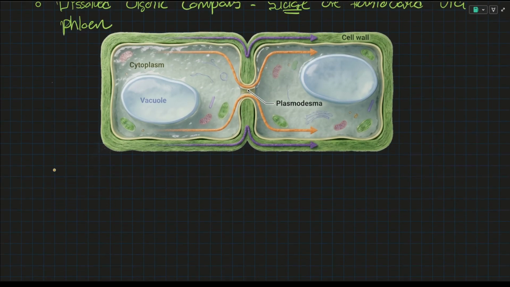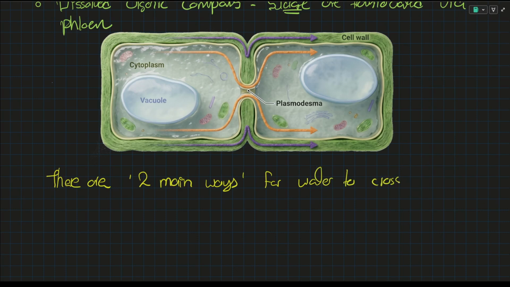Here's what I want to say. When it comes to major plant transportation pathways, there are going to be two main pathways. There are two main ways for water to cross the cortex.